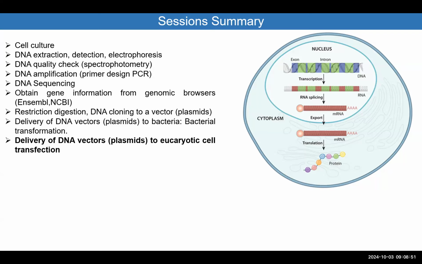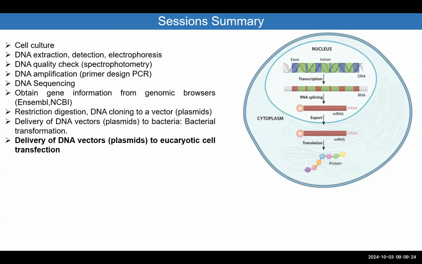And today, we're going to close up by delivering that DNA or plasmids or vectors into eukaryotic cells, like mammalian cells, like HeLa cells, 293 cells, cancer cells, whatever. So pretty much we cover a lot of information about the DNA itself. And in the next sessions after the midterm, we will discuss how we manipulate RNA and proteins.